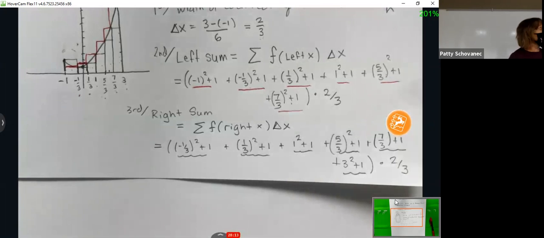And so instead of crunching numbers, we'll put more rectangles in here using symbolic manipulation. In the symbolic manipulation, we're going to get to a step where we're going to need some formulas. So I'm going to give you the formulas right now, and then we'll do this in general for n rectangles.